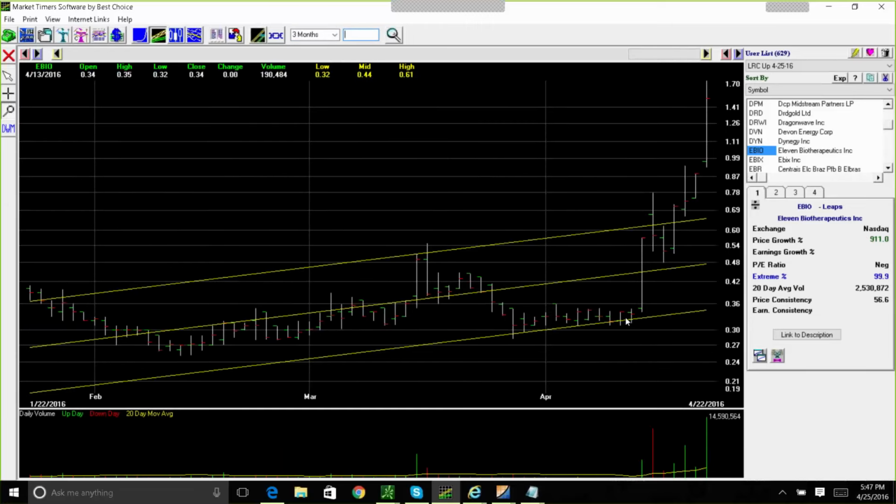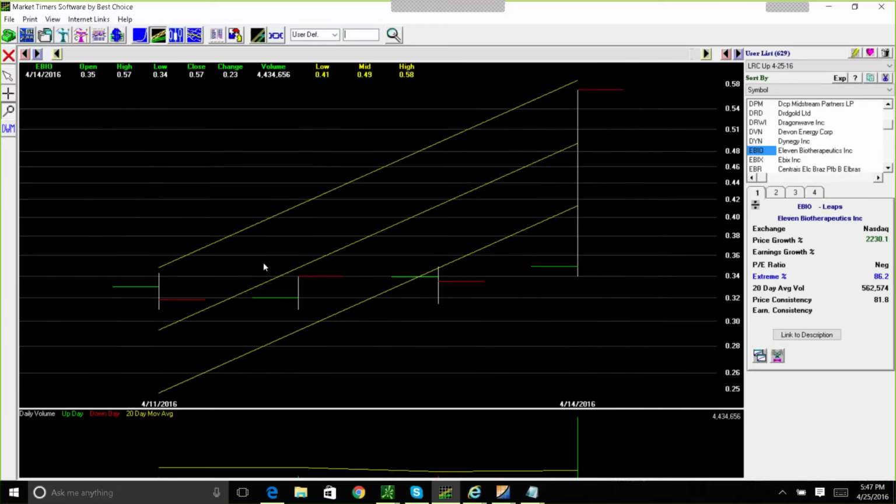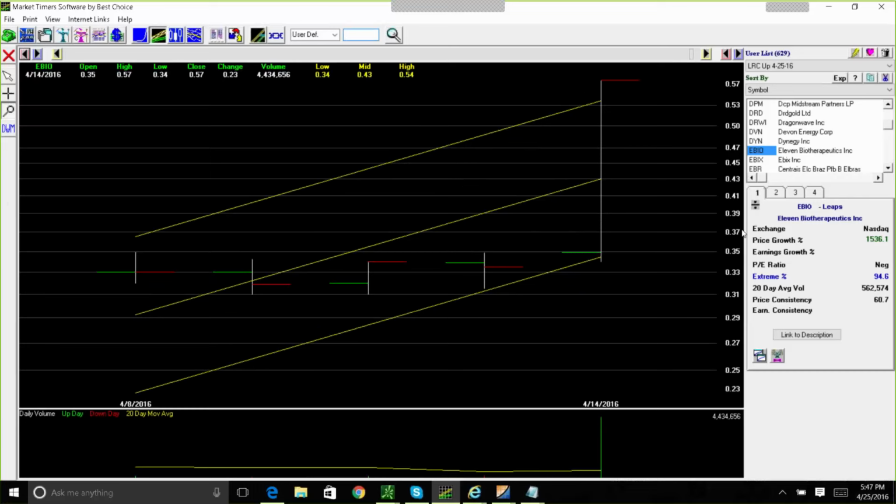So again, we just look at a 5-day chart right in here. I think I have to add 1 day here. Okay, so you can see the annualized growth rate here, and again, it's based on the slope of this center line. So that one has had a pretty good move, and then just looking for EXK.